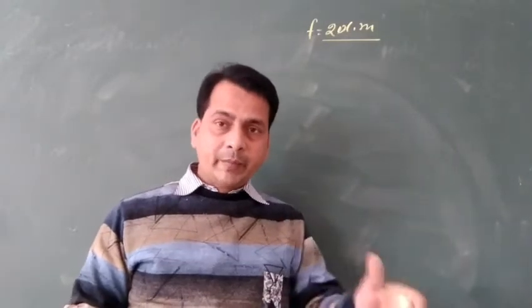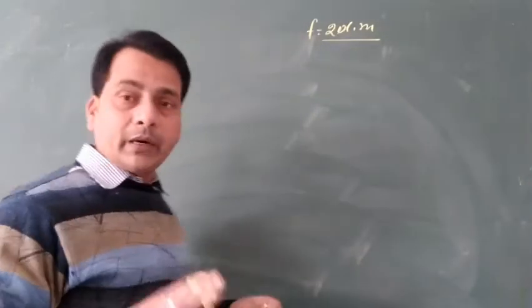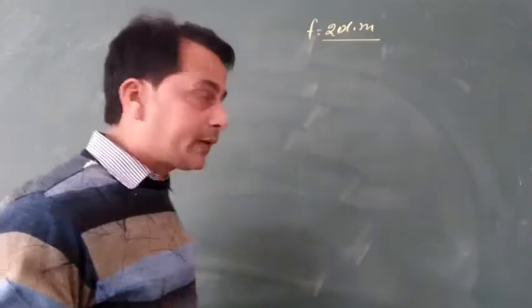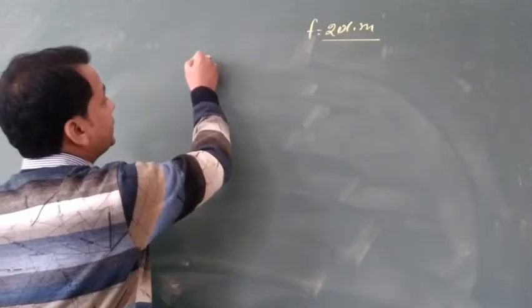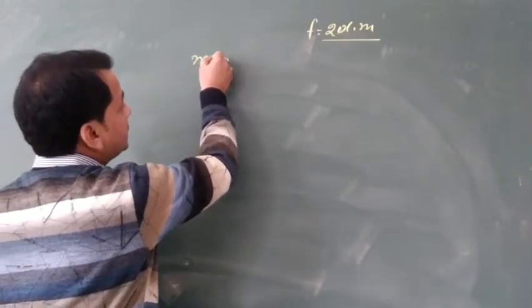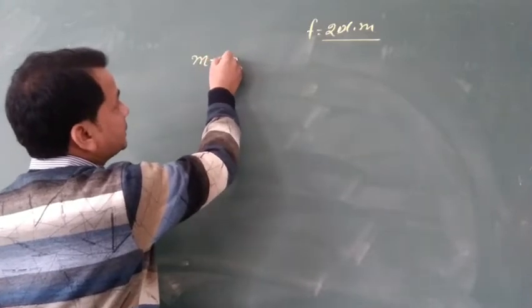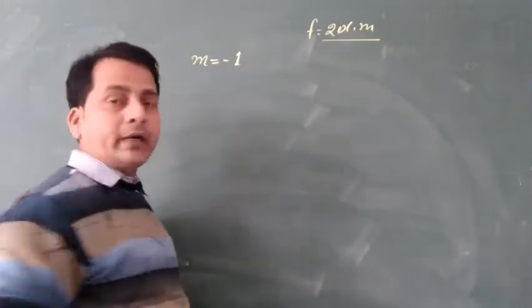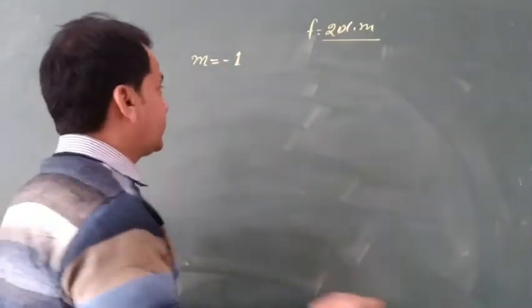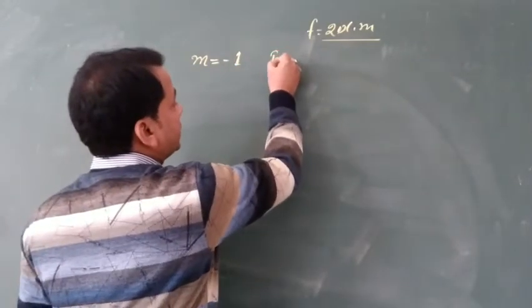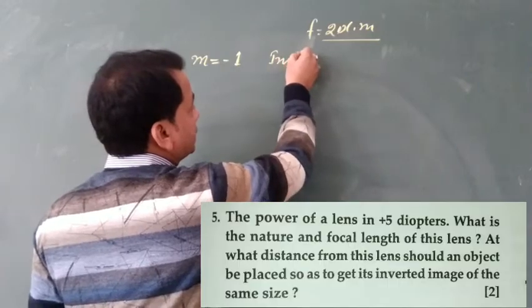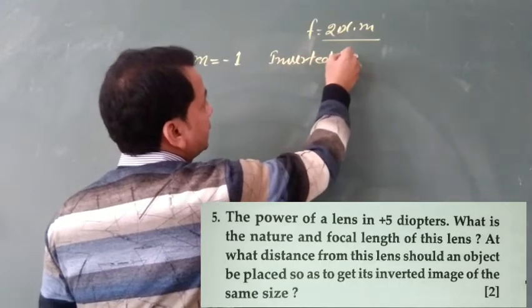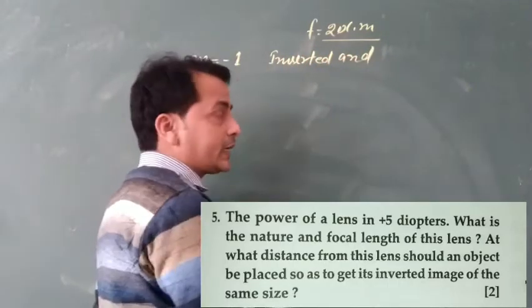If the image is inverted and of the same size, the magnification is -1.